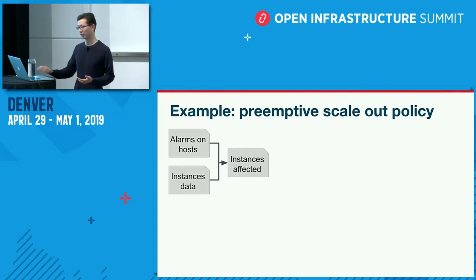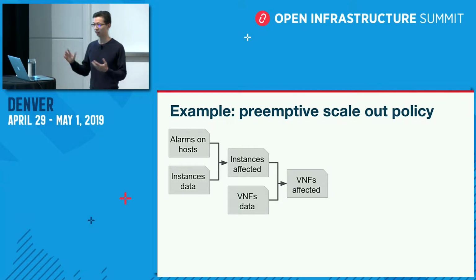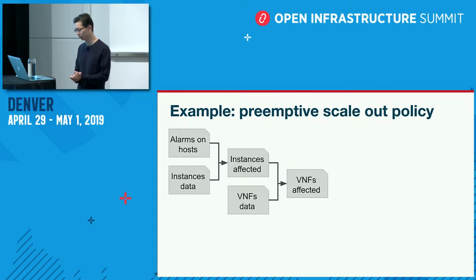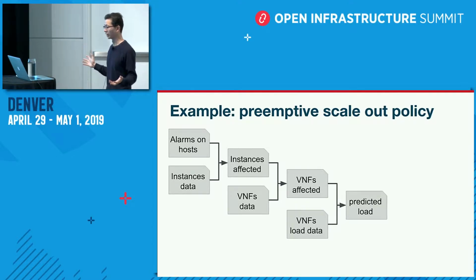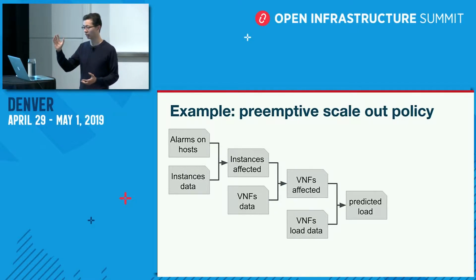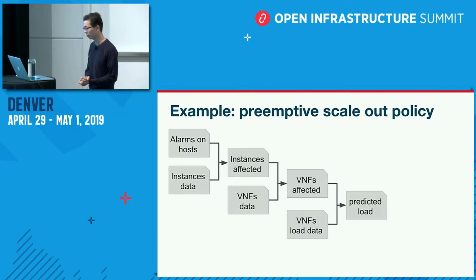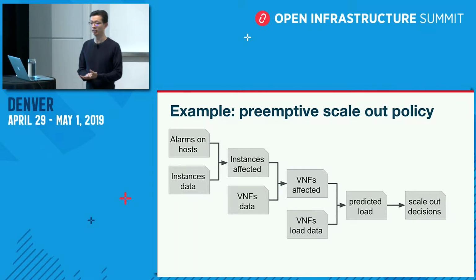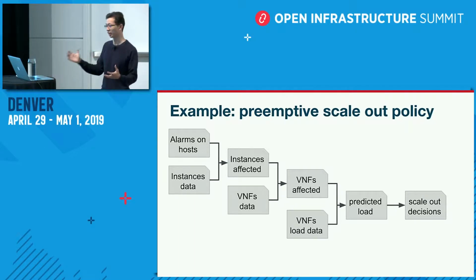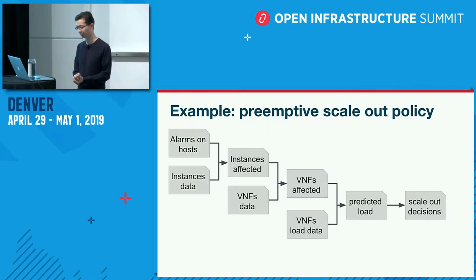And combining that information of instances affected with VNFs data from, say, Tacker, the policy can figure out which VNFs are affected. Now, also by looking at other contextual data from monitoring, such as how much load and what kind of response time we're getting on these VNFs, the Congress policy can then estimate what the load would be on the remaining services after these failures take place. And finally, it can make policy decisions on which VNFs to scale out preemptively.